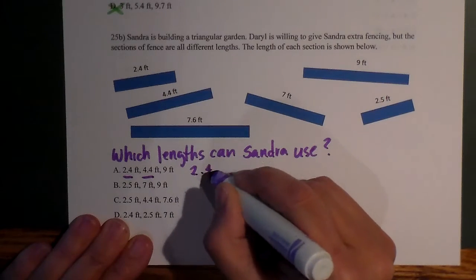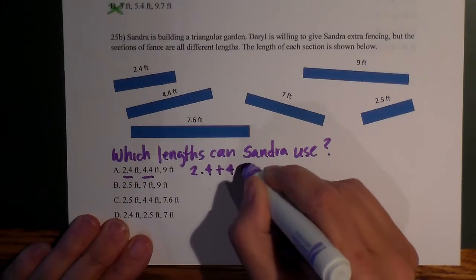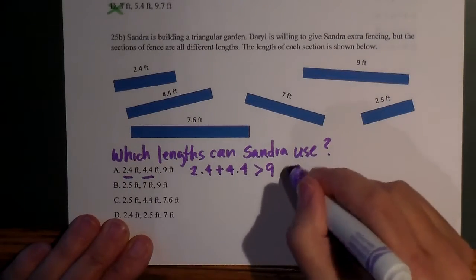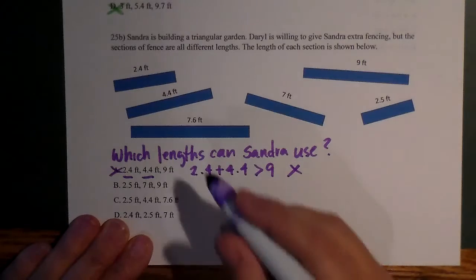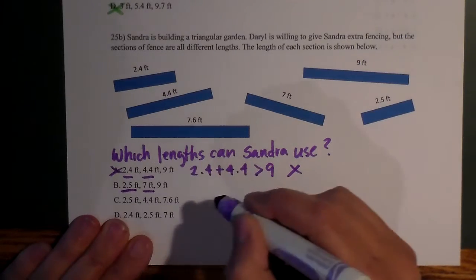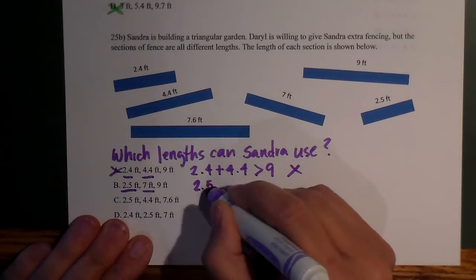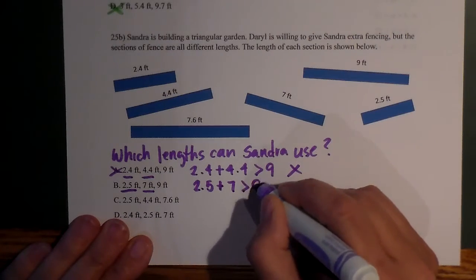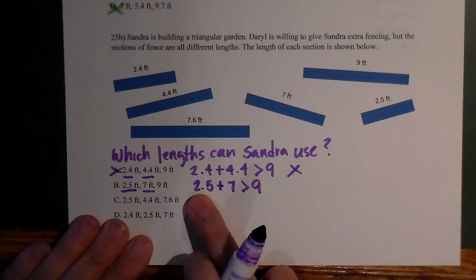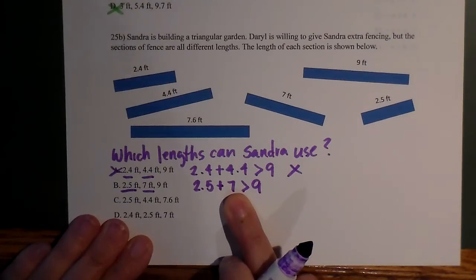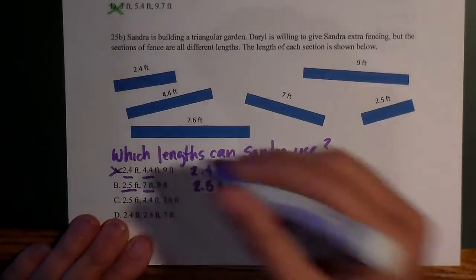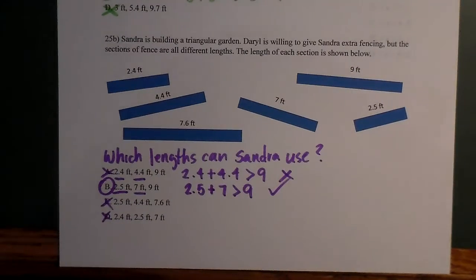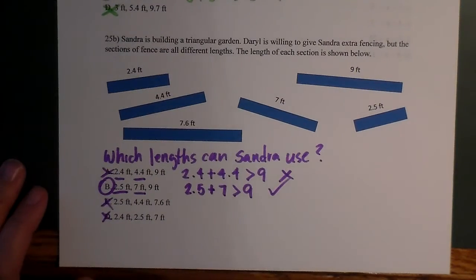So for A, 2.4 plus 4.4, and we want to see, is that larger than 9? And the answer is no, it is not. B, 2.5 and 7. Is 2.5 plus 7 greater than 9? And if you look at it, 2.5 plus 7 is 9.5, which in fact is greater than 9. There's your answer, you're done. So that's how you apply the triangle inequality theorem.